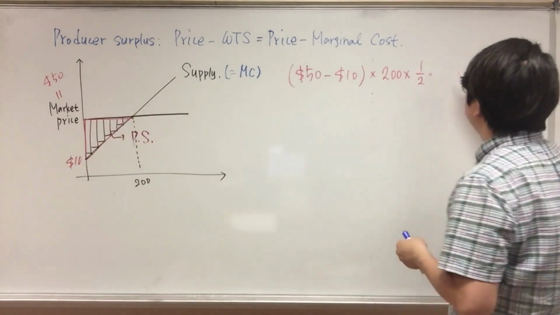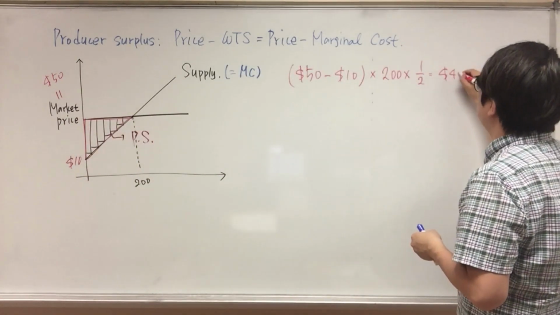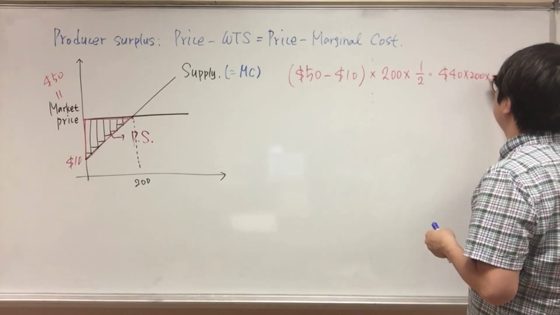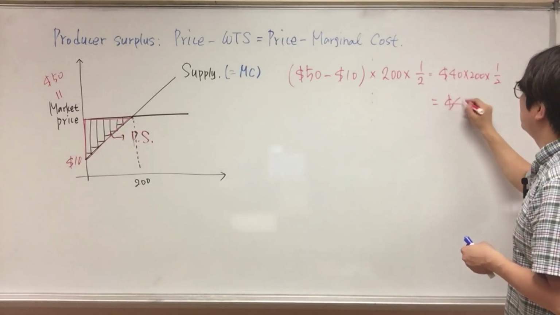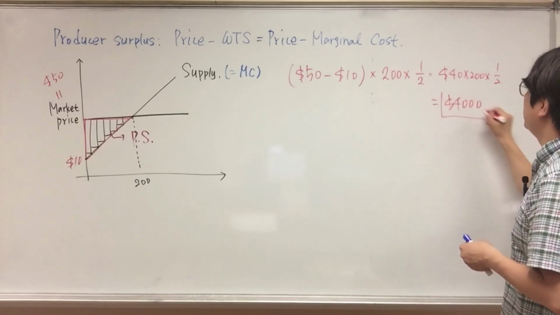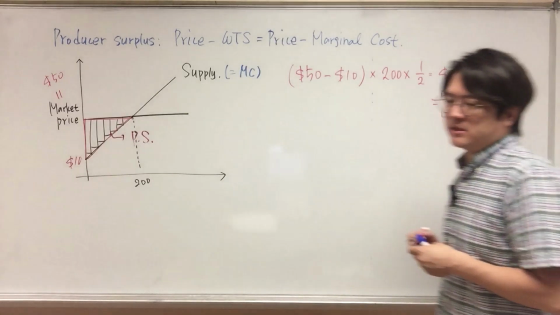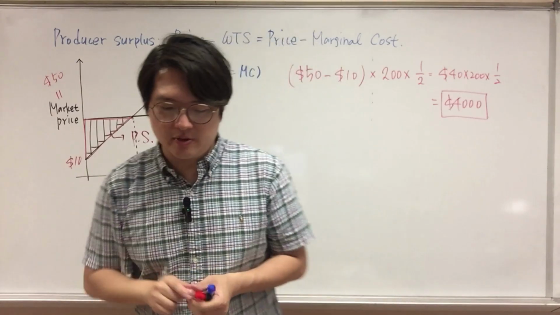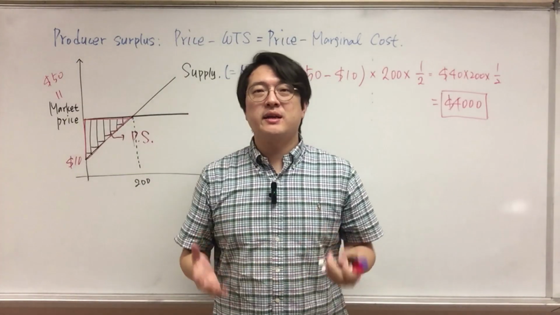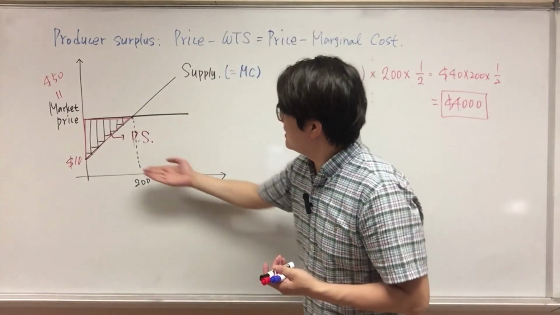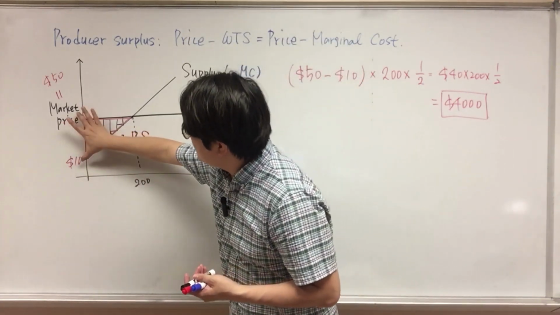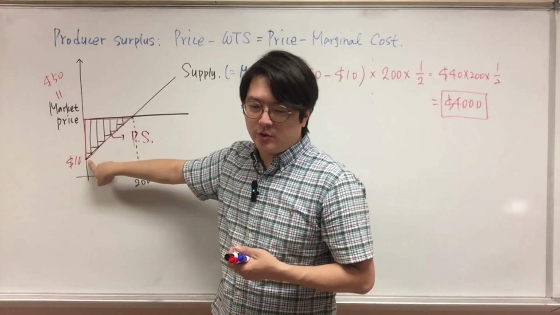So what is that? $40 times 200 times 1/2. What was that? $4,000, which is the producer surplus. Okay, so remember that producer surplus is the market price minus marginal cost.